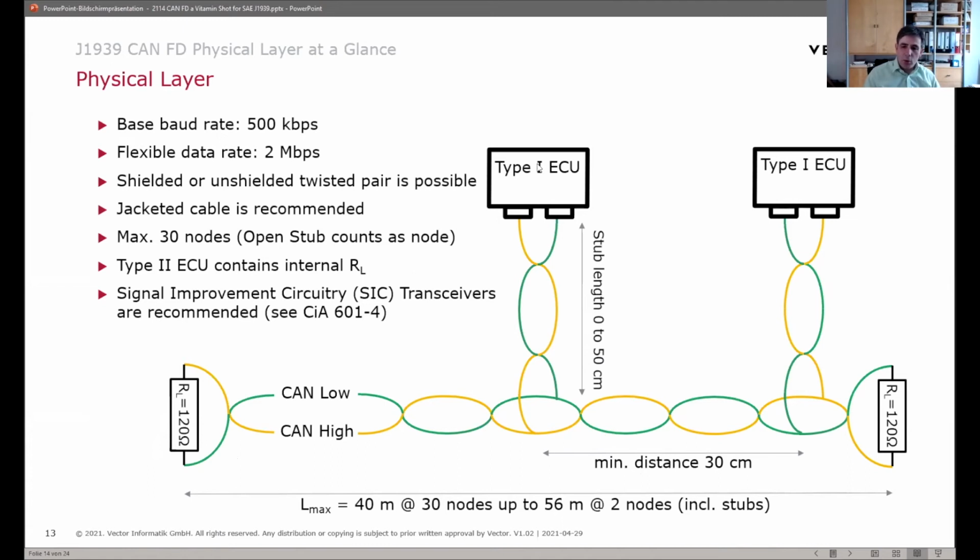Type 1 node has no included termination, and there exists a type 2, where we have the termination resistance inside the ECU itself. But this is similar to what we had before, so there is no change. And those type 2 and type 1 ECUs shall be marked clearly from the outside, so that you can see if there is a termination resistance or not.